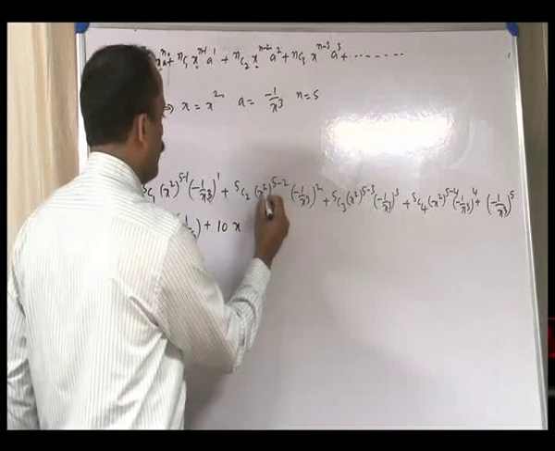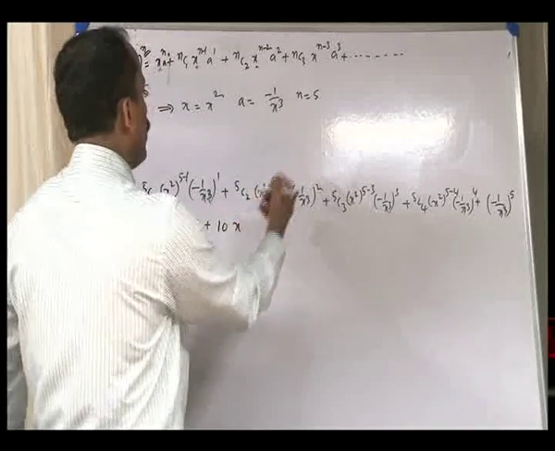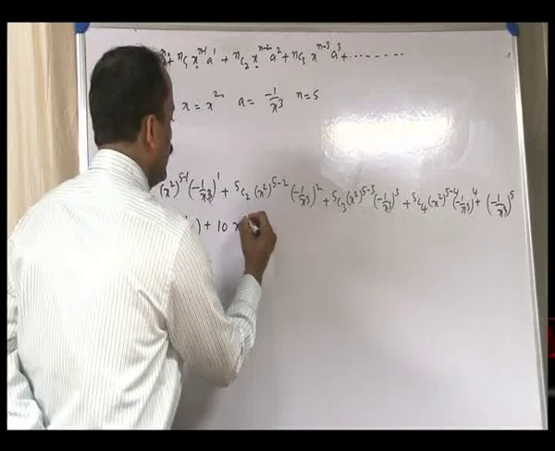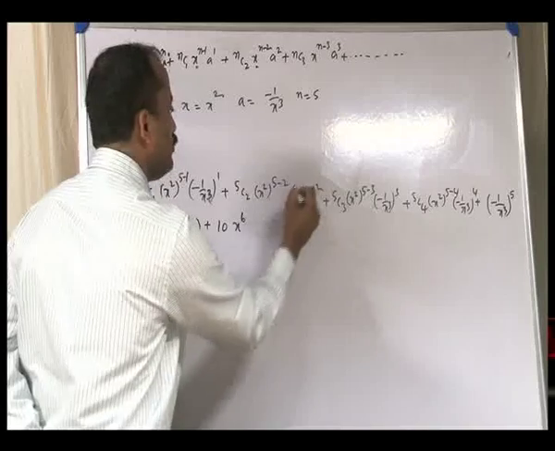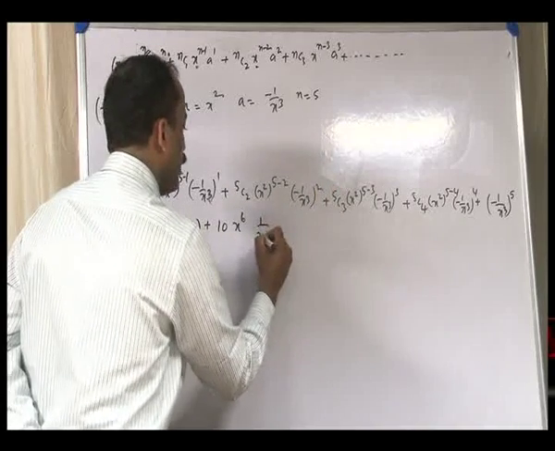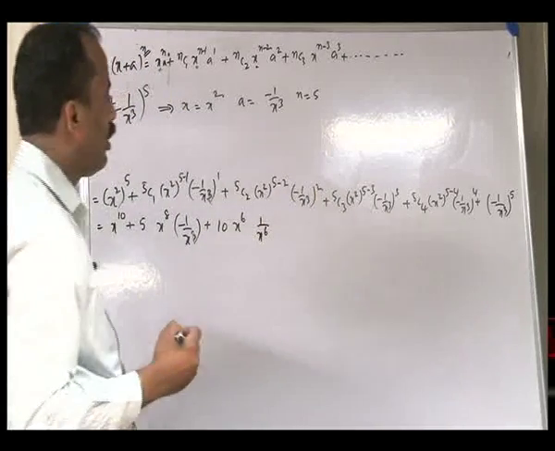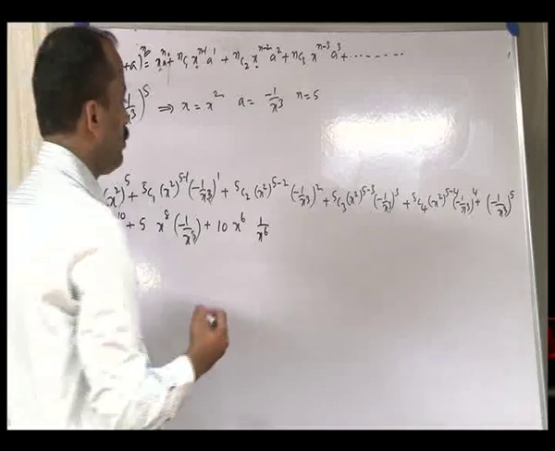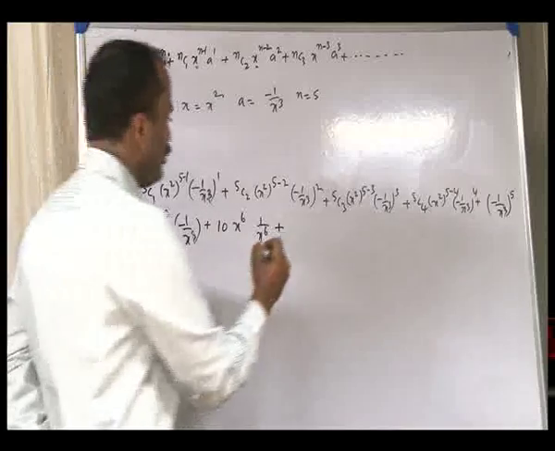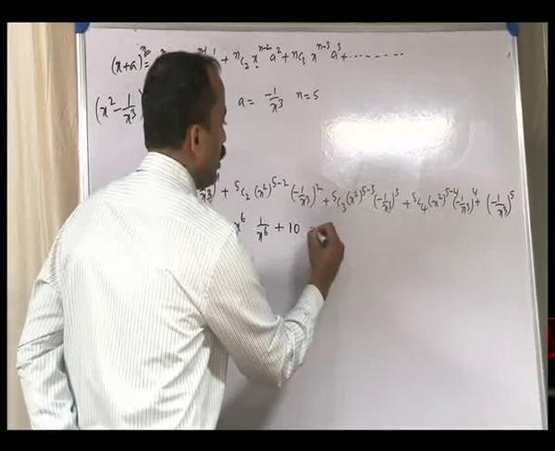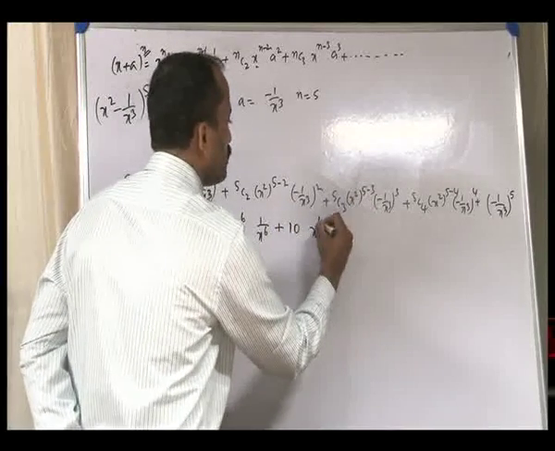X squared to the power of 3 is x to the power of 6, minus 1 whole squared is plus, so 1 over x to the power of 6. Plus 5c3 value is also 10, x squared to the power of 2 is x to the power of 4.